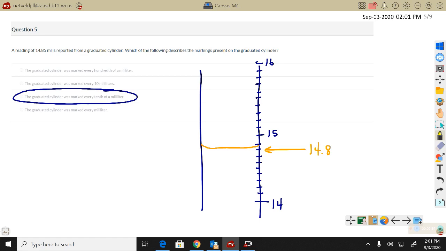So it would have had markings every 1/10 of a milliliter, which then would let me estimate to 100th of a milliliter. So maybe it would have looked something like this picture, where there's a line for 14.8. I'm confident it hits the 14.8. But the 0.85, 0.84, that last spot is my estimate.